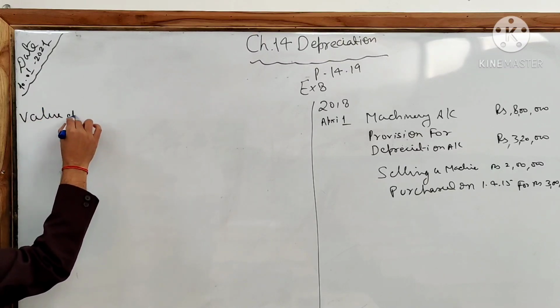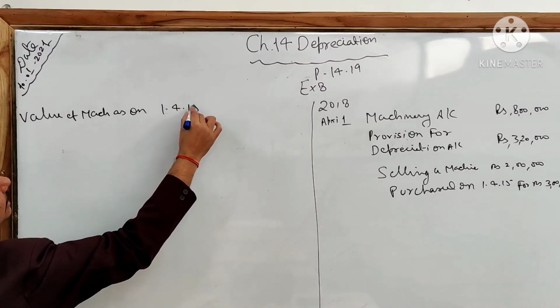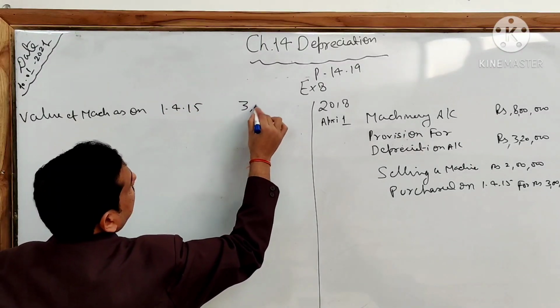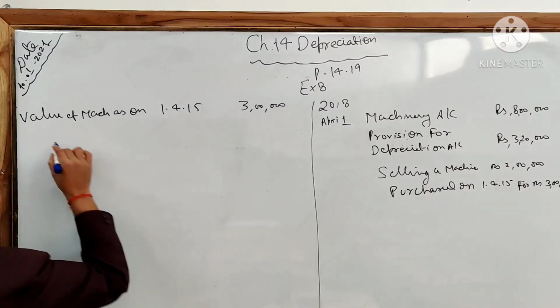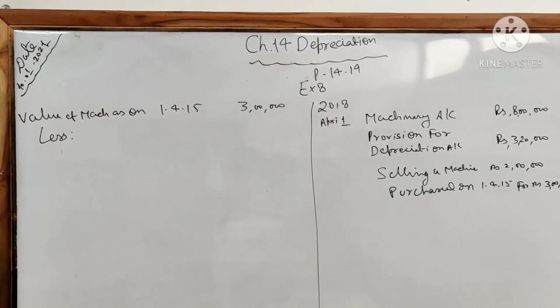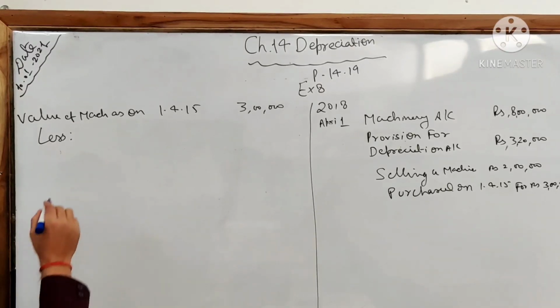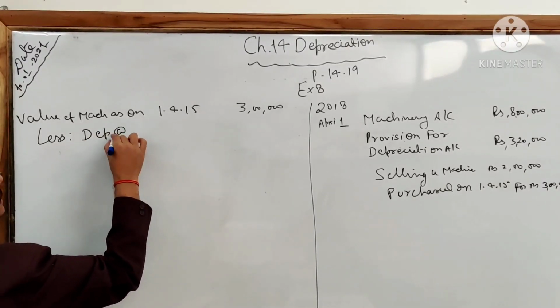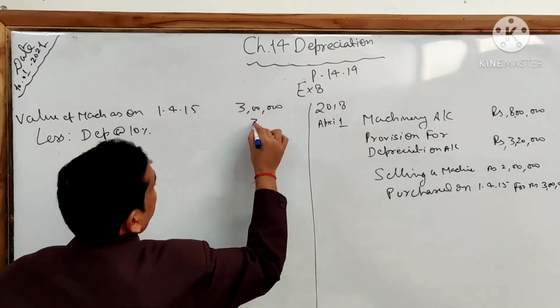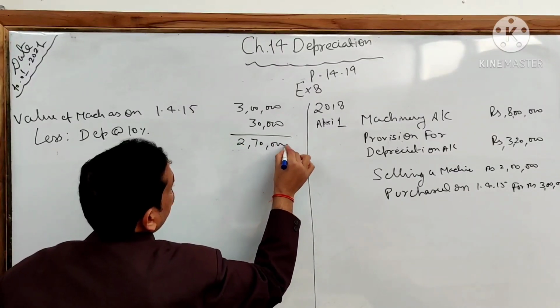See how to make the working note. Value of machine as on 1/4/15: what is the value of the machine? 3 lakh. Now charge depreciation. Less depreciation at the rate of 10%, that comes to 30,000. Subtract this, 2,70,000.